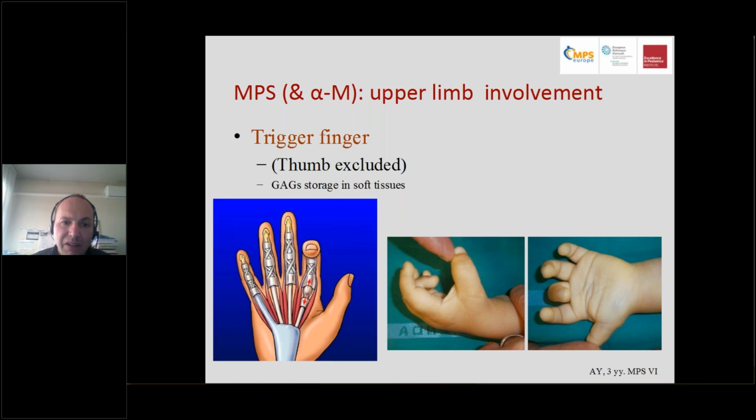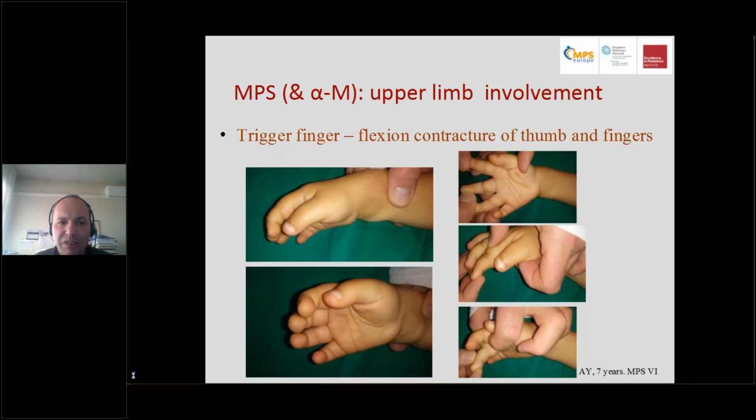But remember, if the trigger finger is one of the other fingers, excluding the thumb, this is really uncommon, because it's really strange in a child to have a trigger finger that is not the thumb. So in case of a trigger finger, like in this case, one of my patients, by the way, the first sign was a third trigger finger, and it was a mucopolysaccharidosis. So think about a metabolic disease, especially a mucopolysaccharidosis.